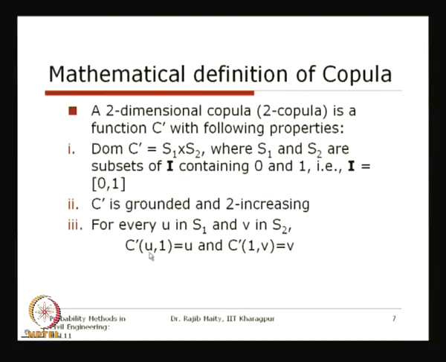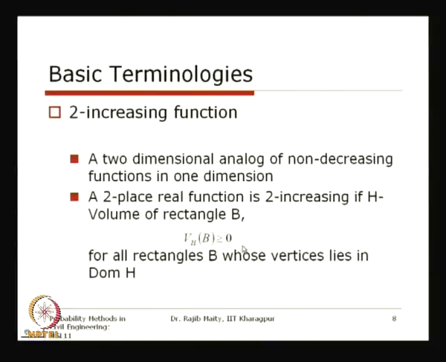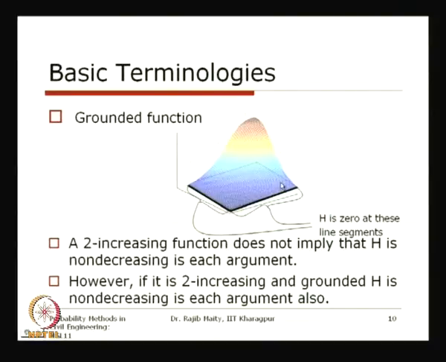That is C'(0,v) equals 0 and C'(u,0) equals 0, irrespective of the value of the other one. This is what is meant by the grounded function, which is represented through this diagram here. Over this line segment, the value of this function should be equal to 0.